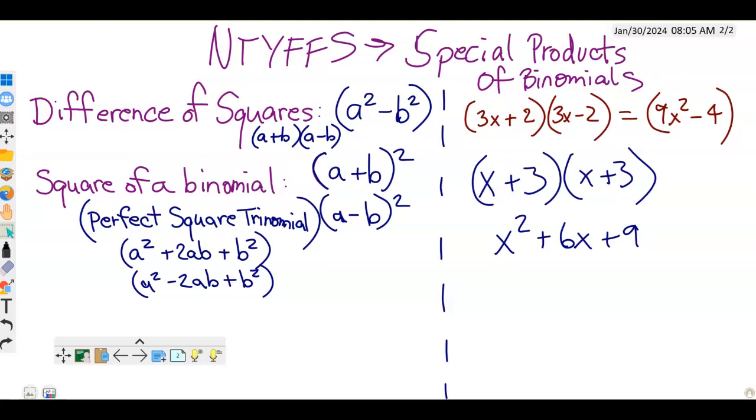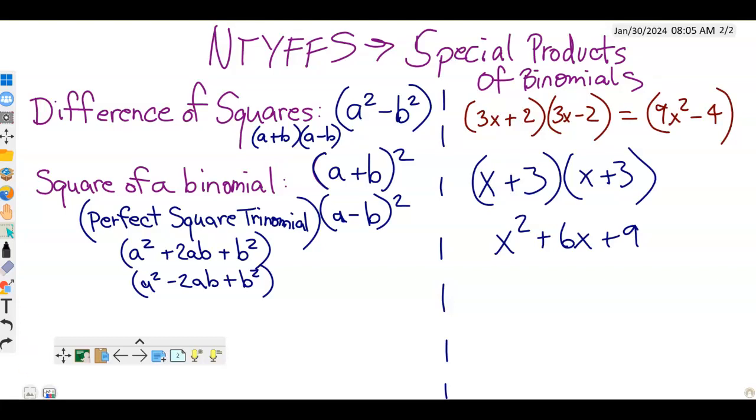There are special products in algebra that follow particular rules, and if you can memorize the pattern, if you can learn to recognize the pattern, then it will save you a lot of time when it comes time to start to factor quadratic equations and other polynomial equations.